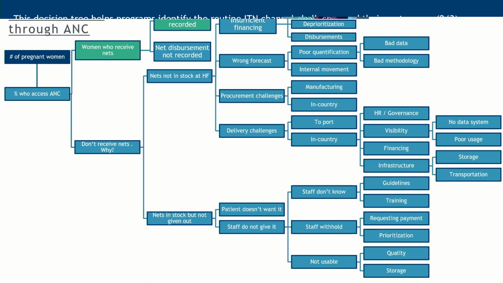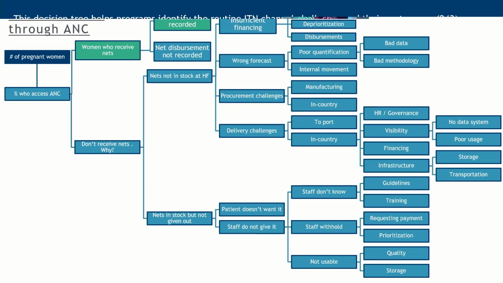So at the bottom here, you can see delivery challenges. Those nets may be at the routine level, the regional level, and it's a transport issue. They're not able to get to the health facility. Or they may have been delivered to a different health facility because of a distribution quantification that doesn't align with the new needs.